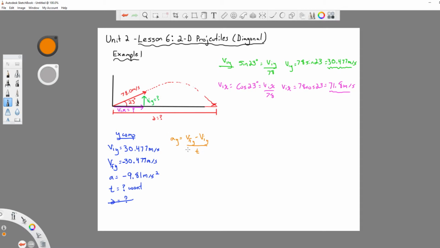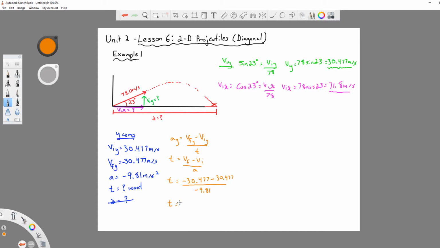Do a little swaparoo on this A and T to give us the formula T is equal to, I'm going to drop the y subscripts, but you can keep them if you like, VF minus VI over A. So T is equal to, VF was negative, so negative 30.477, minusing a positive value, so minus 30.477 all over negative 9.81.